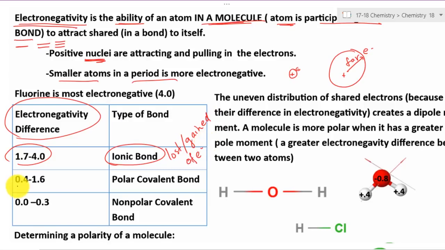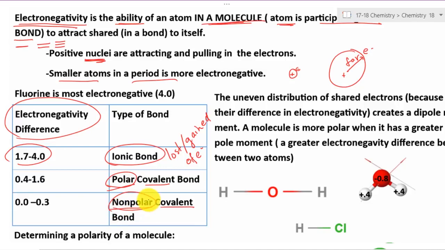Then between 0.1 and 1.6, we have something called a polar covalent bond. And if the difference is between 0 and 0.3, we have a nonpolar covalent bond. So covalent bonds have two types: one is polar and the other one is nonpolar.